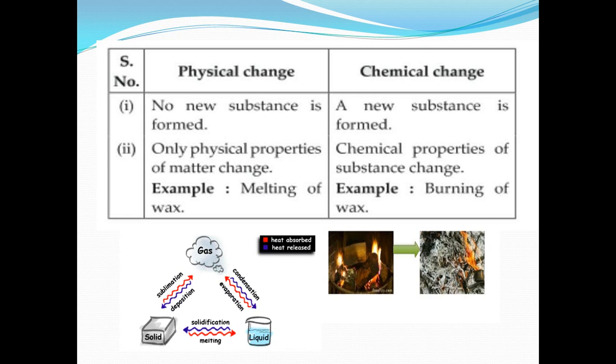But what is the difference between them? Just the shape, just the size. So this is physical change. What about the chemical change after burning the paper? Yes, it changes into another substance. Can you return the burnt paper into a paper again? No, it is impossible. So in this case, this is called chemical change.